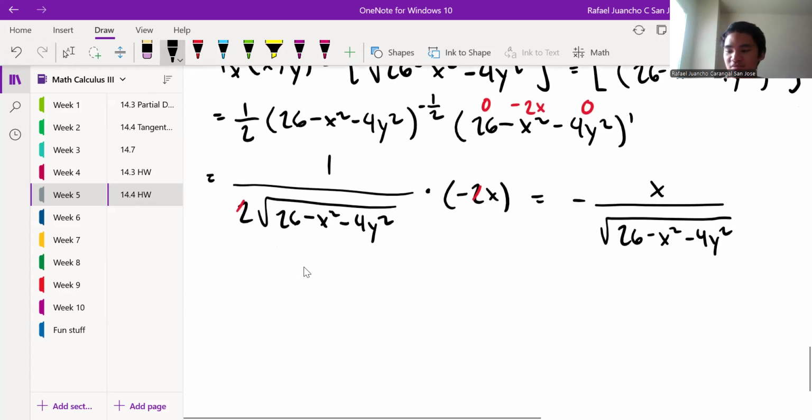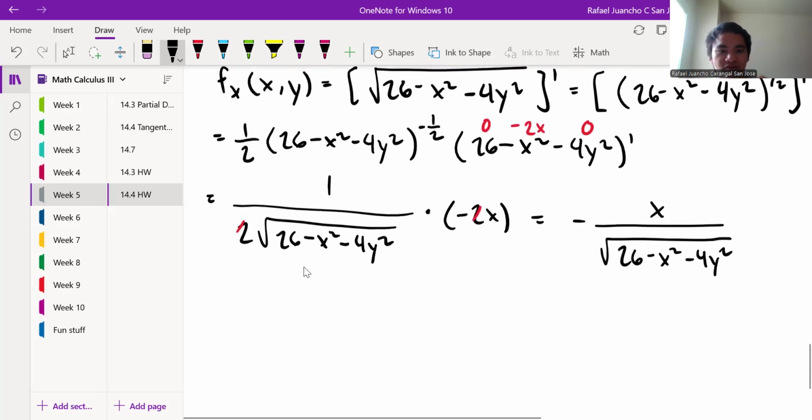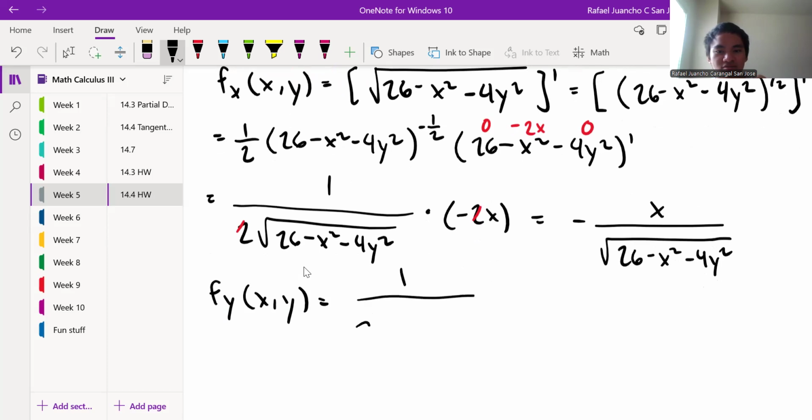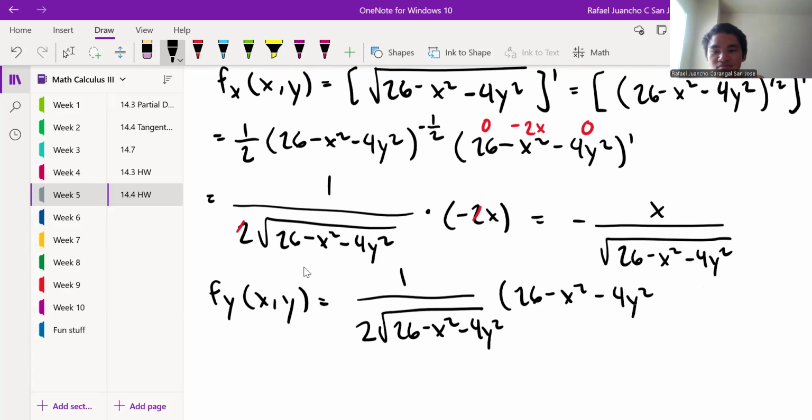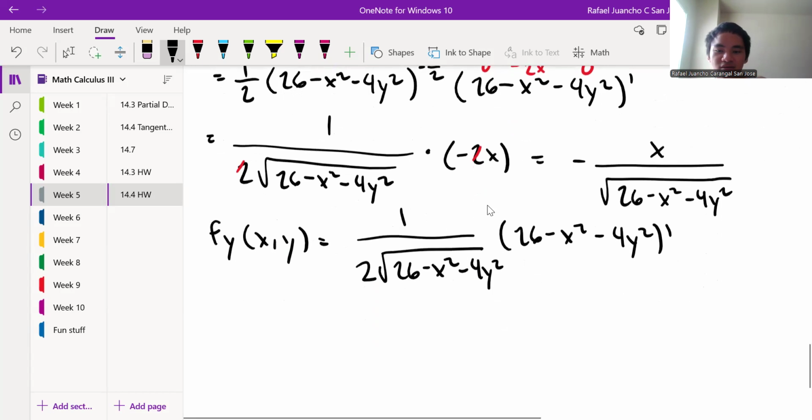Great. Now let's do the same thing for my f sub y. So I'm just gonna write something a bit easier to grasp. There, I'm directly gonna write this, and then I'm gonna do the chain rule. Okay, I think that one's easier. So here this becomes a 0. My x here is a number.